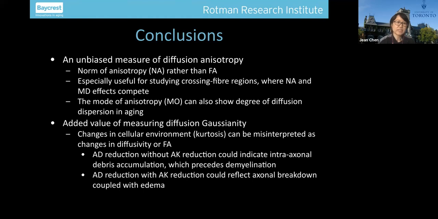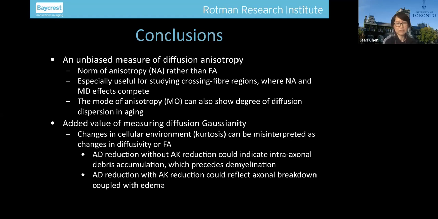It does not require any additional acquisitions or even very elaborate modeling. It is very simple to calculate. And secondarily, the added value of measuring diffusion Gaussianity, because it reflects the cellular environment and it tells us why diffusivity might be different, not just that it is different.